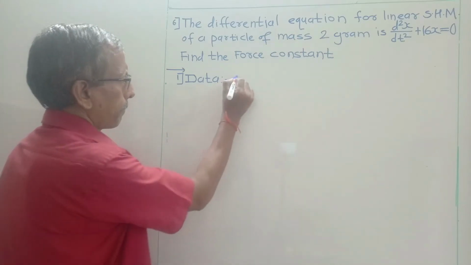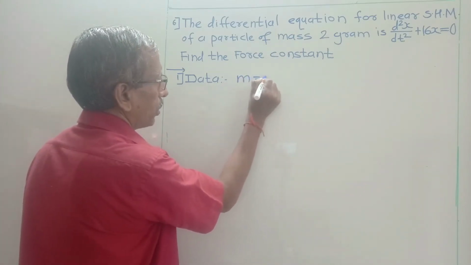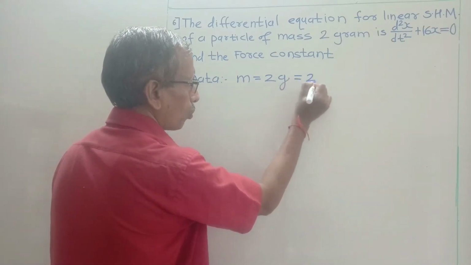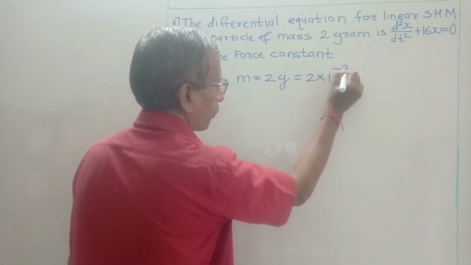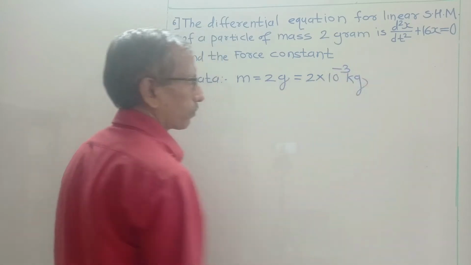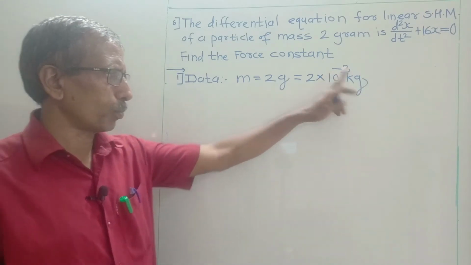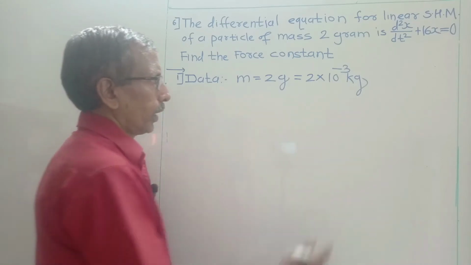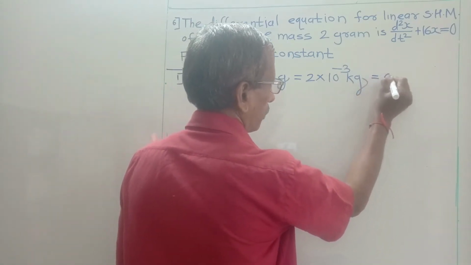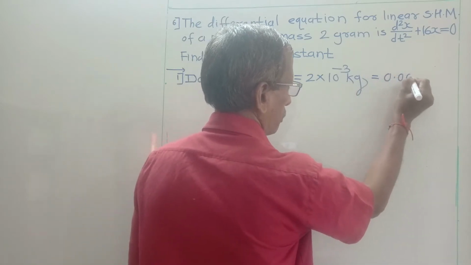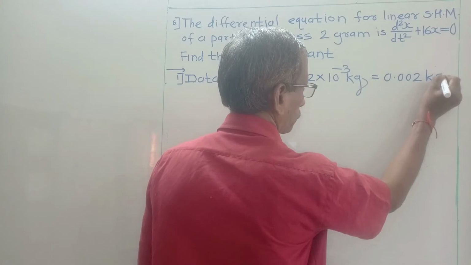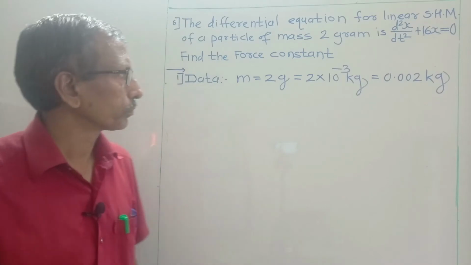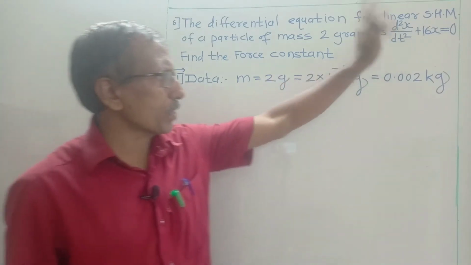So m is 2 gram, and we know that 2 gram is equal to 2 into 10 raised to minus 3 kilogram, since 1 gram is equal to 10 raised to minus 3 kilogram. This is equal to 0.002 kilogram. We have to write as per our convenience.